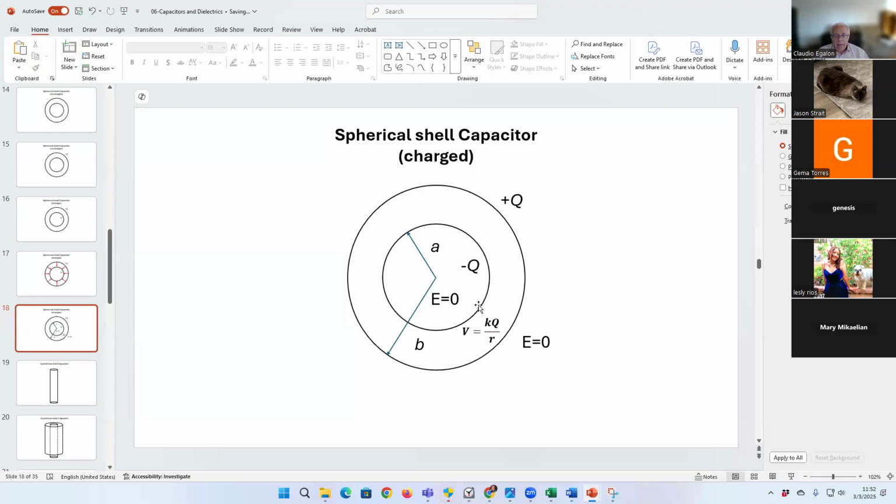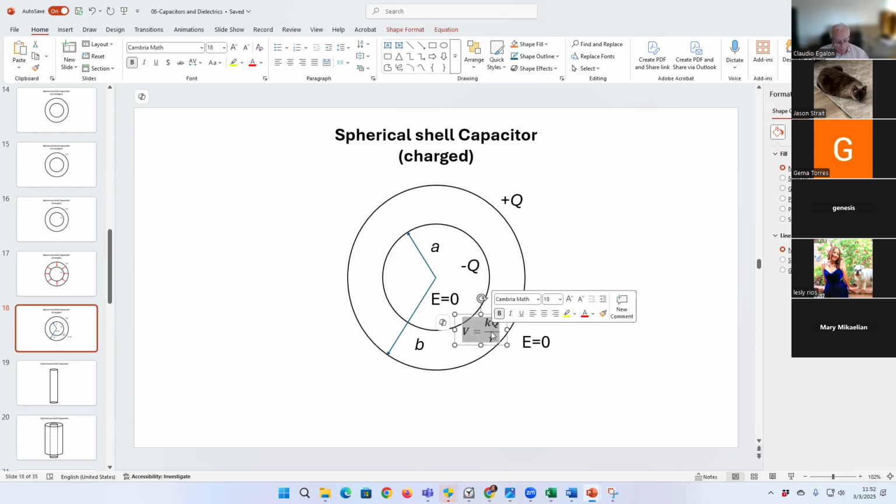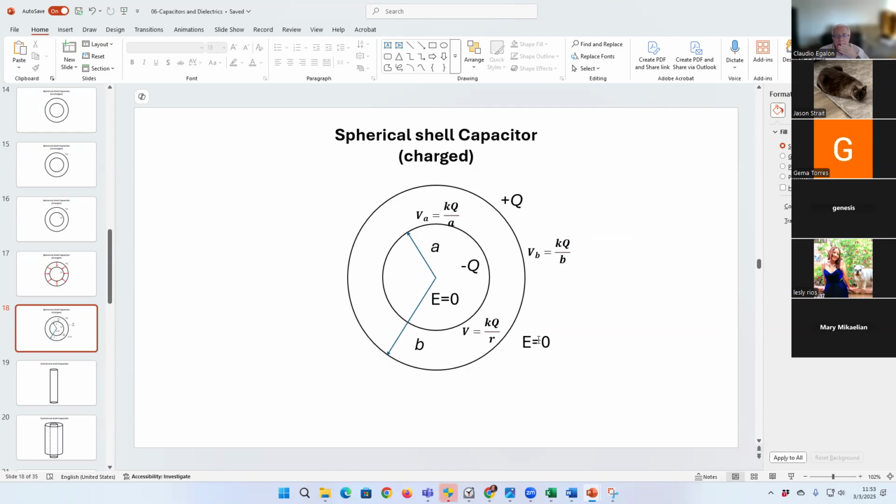At this very surface, the electric potential at A is going to be KQ over A. And on the outside, the electric potential at this other shell, at B, is going to be KQ over B. You get it? In between it is going to be KQ over R.